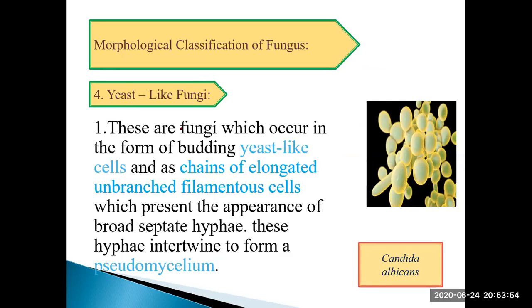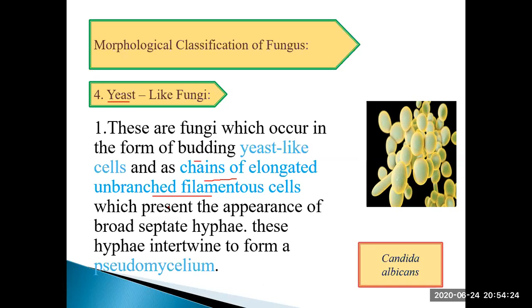Then our fourth one is yeast-like fungi. There is a thing that is not actually yeast, it is like yeast, and it also produces buds, so it's called yeast-like fungi. There is a characteristic that is different from yeast: with the bud they can produce an unbranched filamentous cell. That means they can produce filaments, but with no branching.